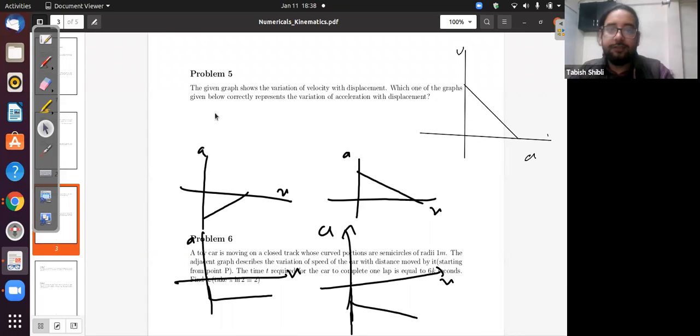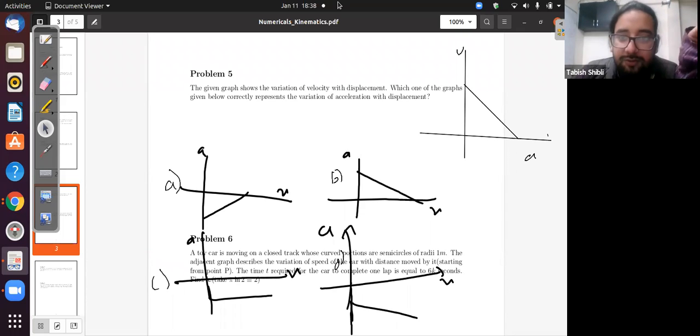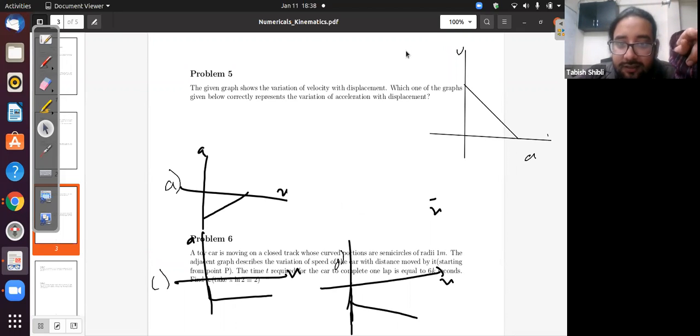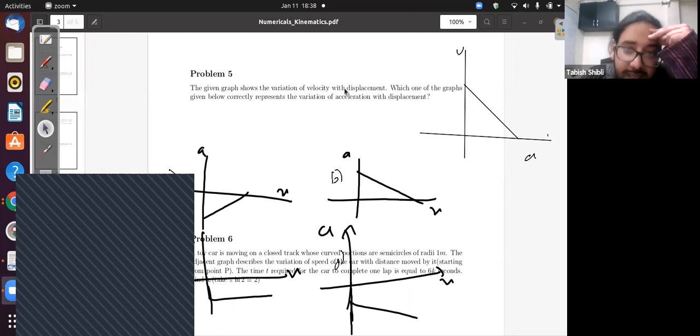Yes, like this. Should it be A, B, C, or D? C. Anybody else? Does anyone else have another answer? A. Why should it be A?